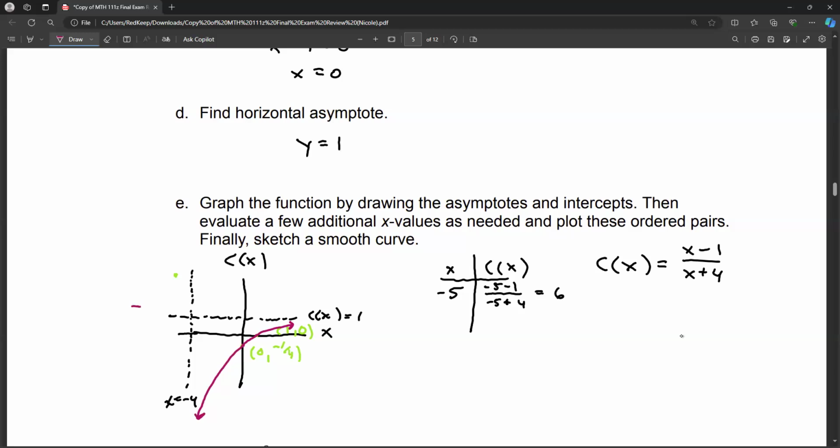The same could be said up here, knowing we have to touch this point, (-5, 6). That would be a nice way of drawing it. Of course, we could take a little more time and evaluate more values to really confirm this information. We'll stop there for now.